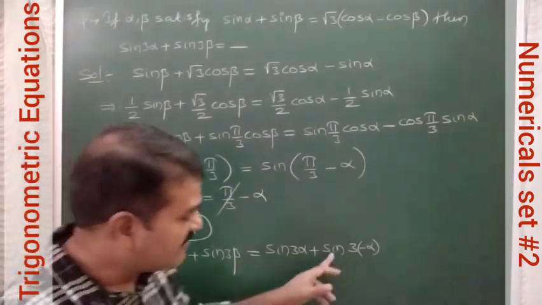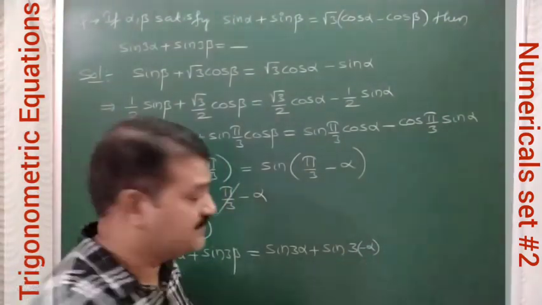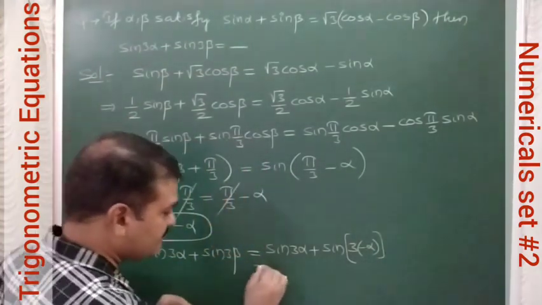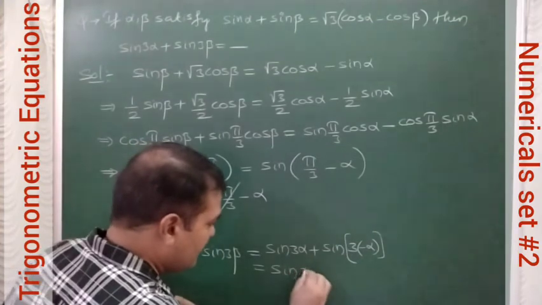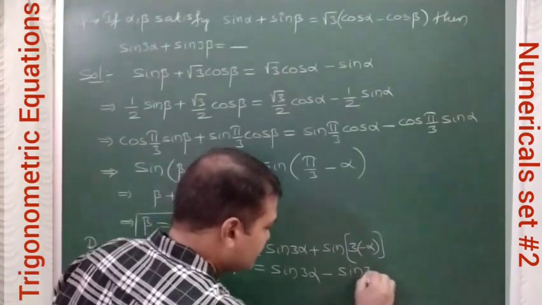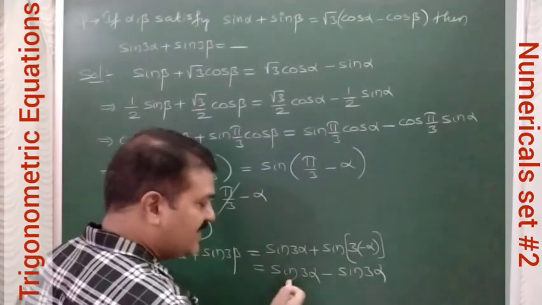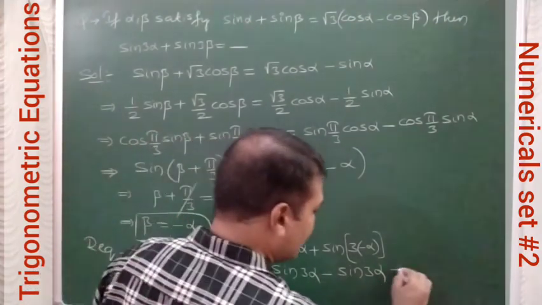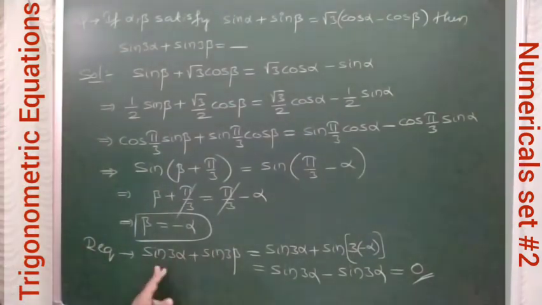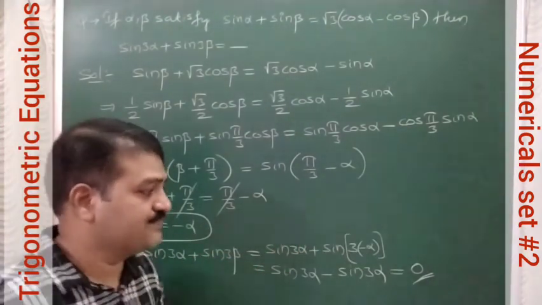So this is sin of minus 3 alpha actually. And what is sin of minus 3 alpha? Sin of minus 3 alpha is minus sin 3 alpha. Both sin 3 alpha minus sin 3 alpha cancel. So 0 is our result. So this is required, which is equal to 0.